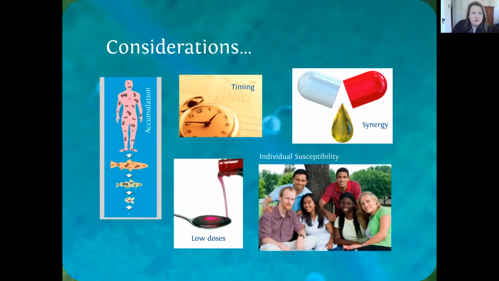There are a number of different things that we need to consider when thinking about someone being exposed to a toxic chemical and the impact it might have on them. One of those is that chemicals act differently. As you can see in the bioaccumulation slide here, we have mercury, which is found in many of the inland lakes, rivers and streams in places like Michigan, and builds up in the food chain.